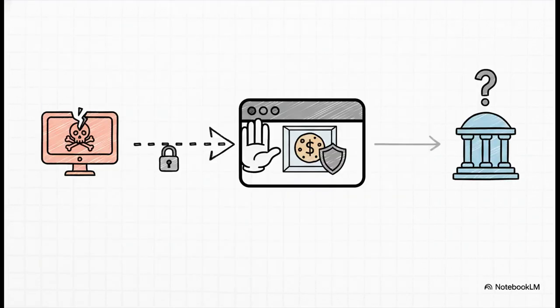So with this new rule in place, when the attacker's site at evil.com tries to make your browser send that hidden request to bank.com, your browser itself steps in. It sees the request didn't come from bank.com, it checks the cookie's same-site rule, and it just says, nope, sorry, I'm not allowed to attach this cookie. The request goes to the bank without your session cookie, the bank has no idea who it's from, and the attack is completely shut down before it even leaves your computer.